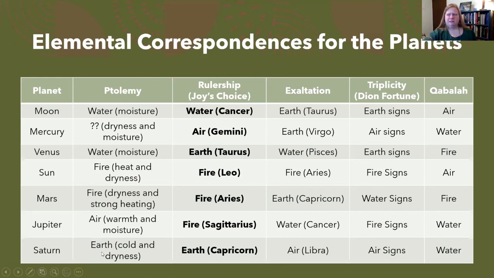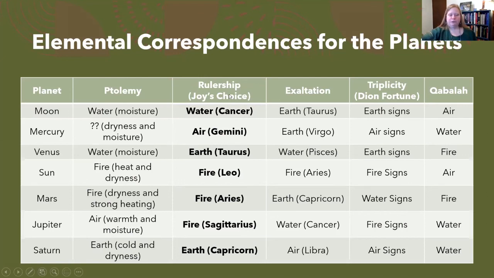Oh, and the thing that I didn't include here, sometimes this stuff comes up with the four humors from the Renaissance period, Renaissance medical philosophy. And so that might be another place to check for some correspondences. The rulership is what I use.